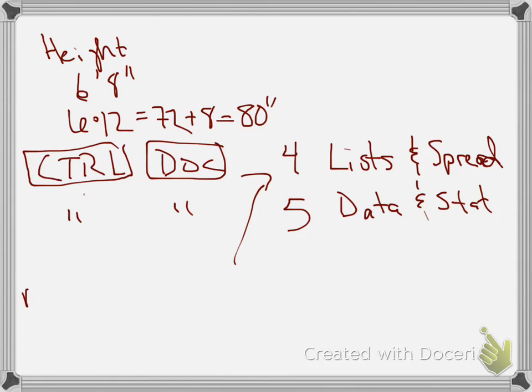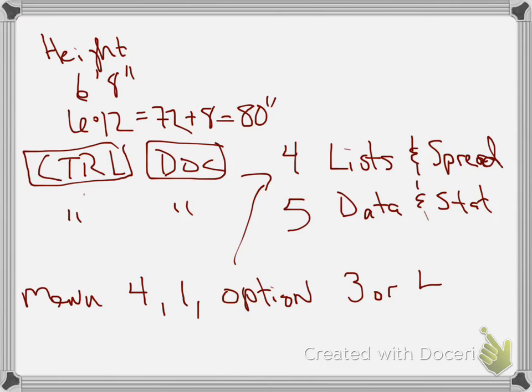That would again be menu, let's see, 4, 1, and then once you've got that, you get to choose option 3 or 4, either one, because they're the same one, and you write in the answer.